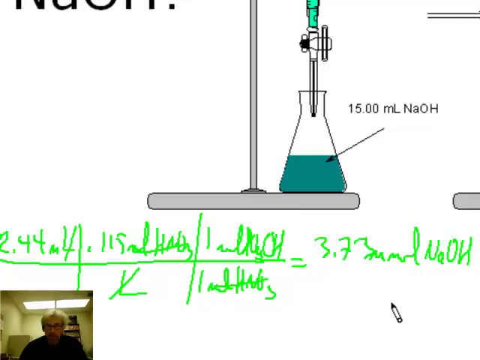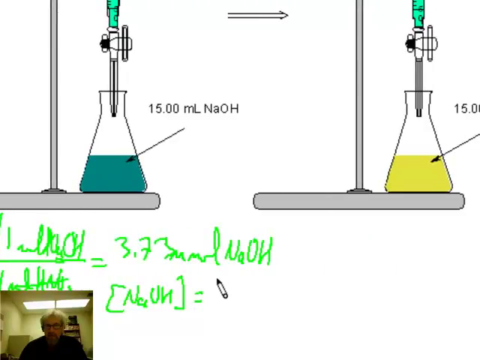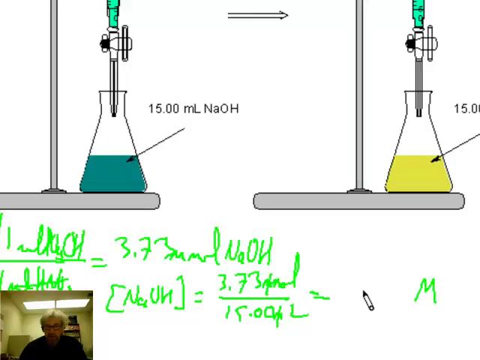So the concentration of the NaOH that was in the flask initially is equal to 3.73 millimoles divided by 15.00 milliliters. Again, the milli part cancels out and just leaves us with moles per liter, which is molarity, and the numerical answer is 0.249 molar.